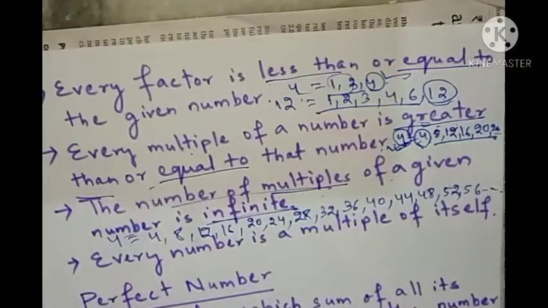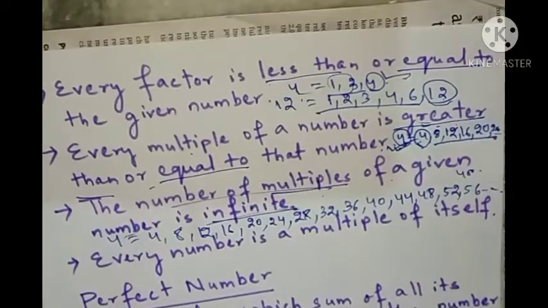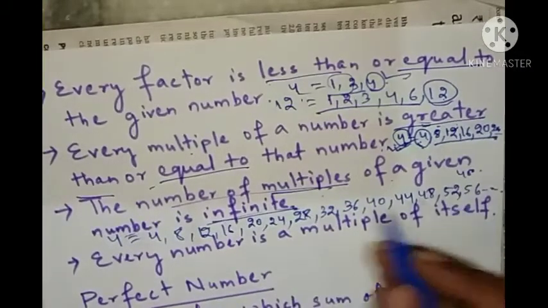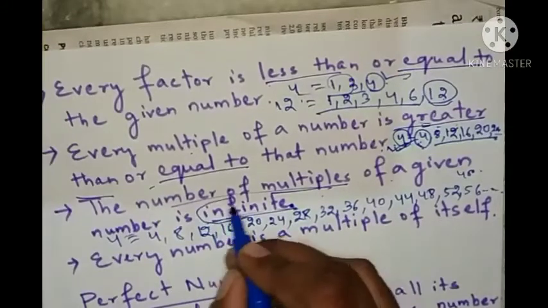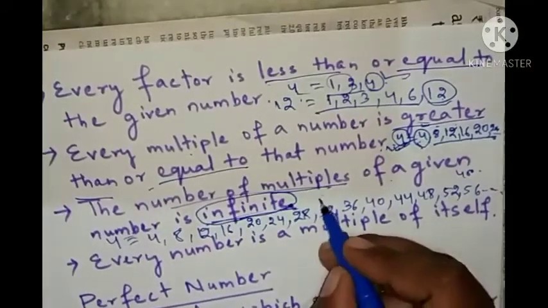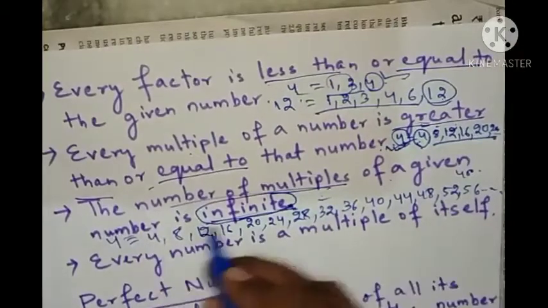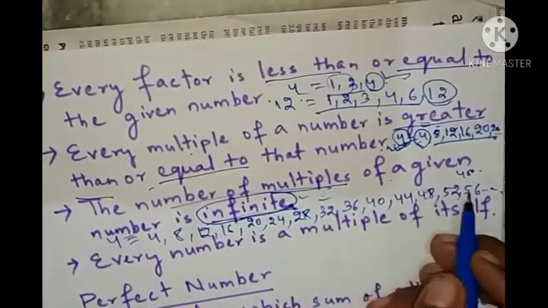Whatever you are multiplying, 4 into 100 is 400, 4 into 1000 is 4000, 4 into lakh is 4 lakh, 4 into crore equals 4 crore. Like that it will go on indefinitely. It means unlimited, it is infinite. It will never end. That's why the number of multiples of a given number is always infinite.